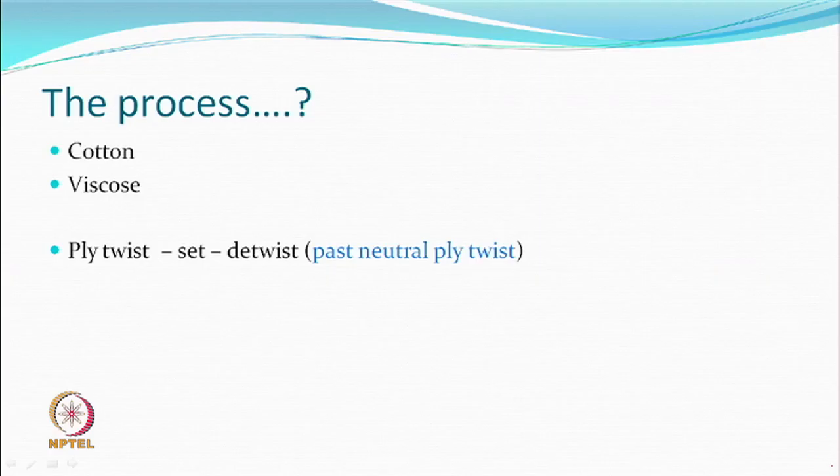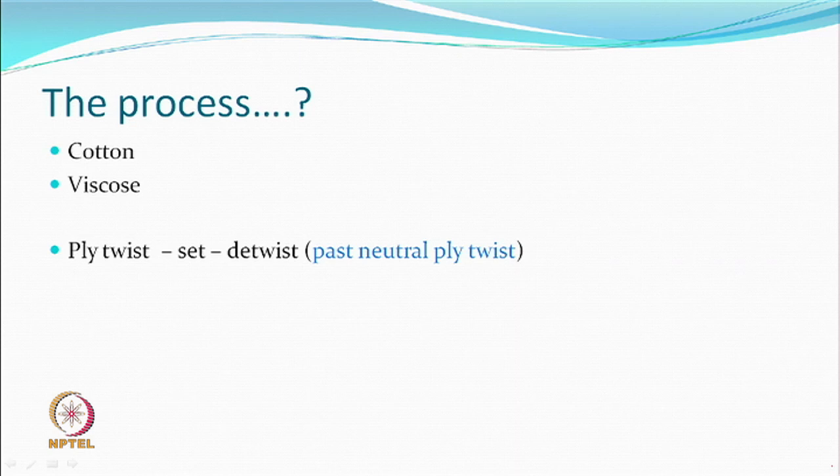What it meant was that you are supposed to introduce intermolecular cross-links within the fiber, so that one can get the twist, which is a deformation mechanism, set in a better manner.